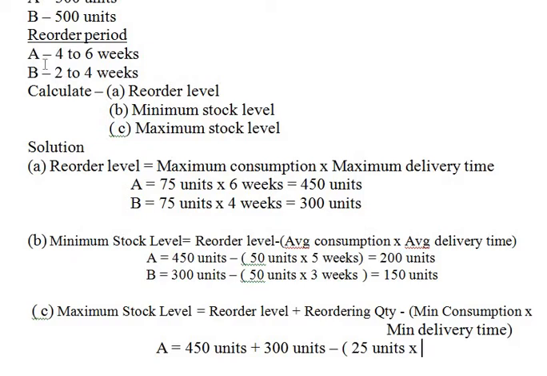Here they have given minimum delivery time. Minimum for A is 4 weeks. Okay, now calculate this. If you calculate, you will get 650 units.